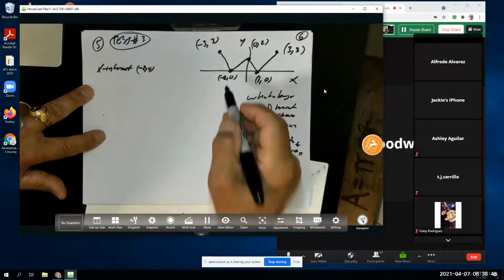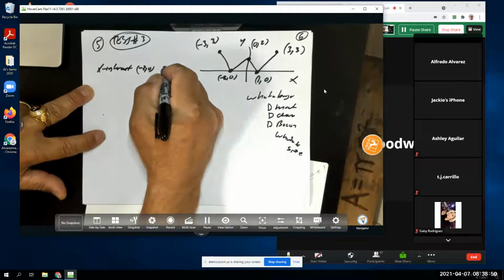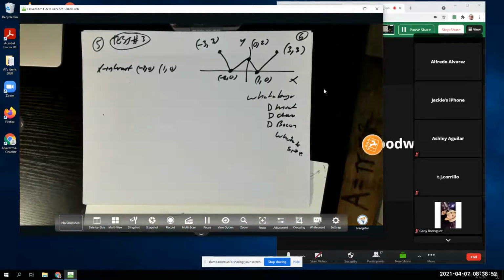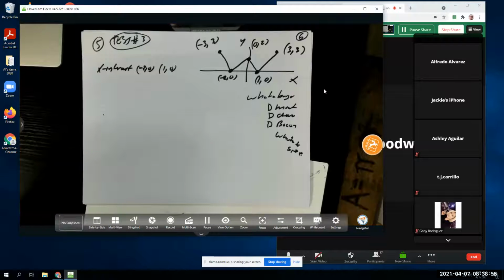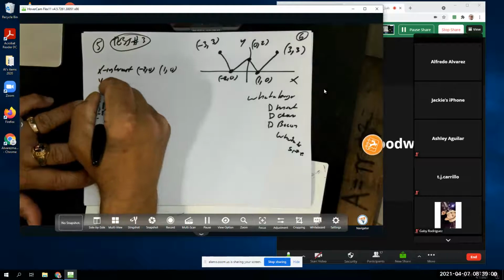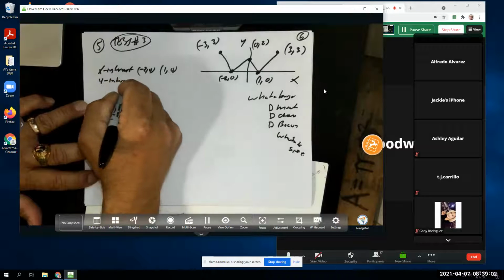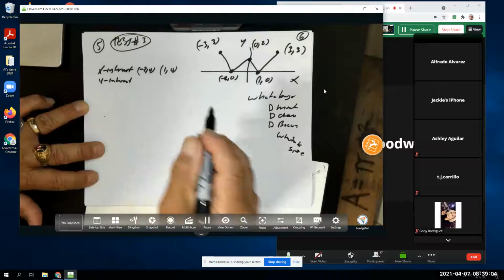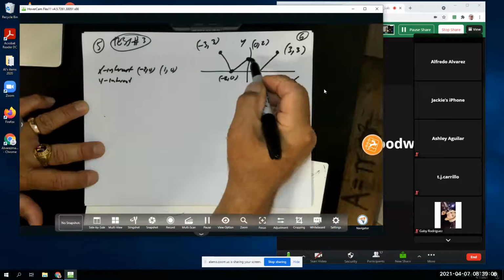Where else does it cross? Looks like at 1, 0 also. So there's the X intercepts. Where it crosses the X line. And then the next question says, what is the Y intercept? The Y intercept is when does it cross the Y line? This right here. And this line here is going to be what? 0, 2?